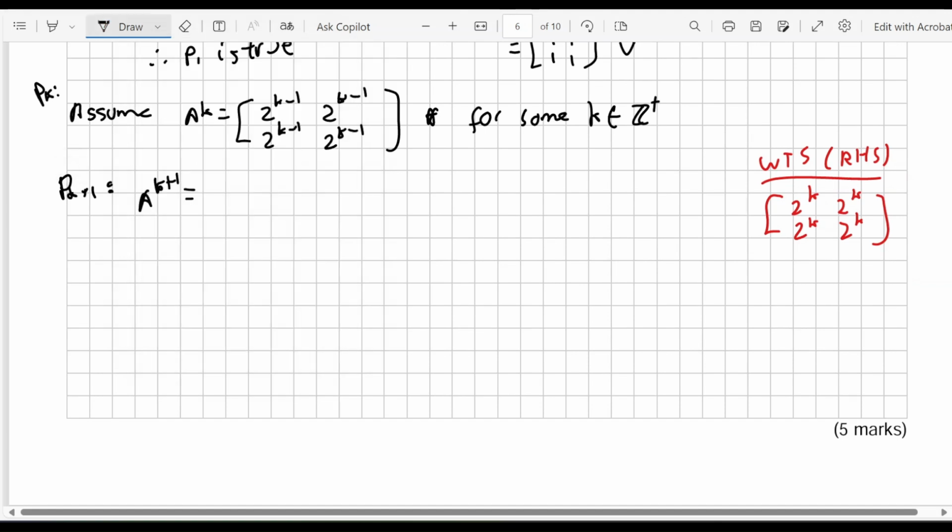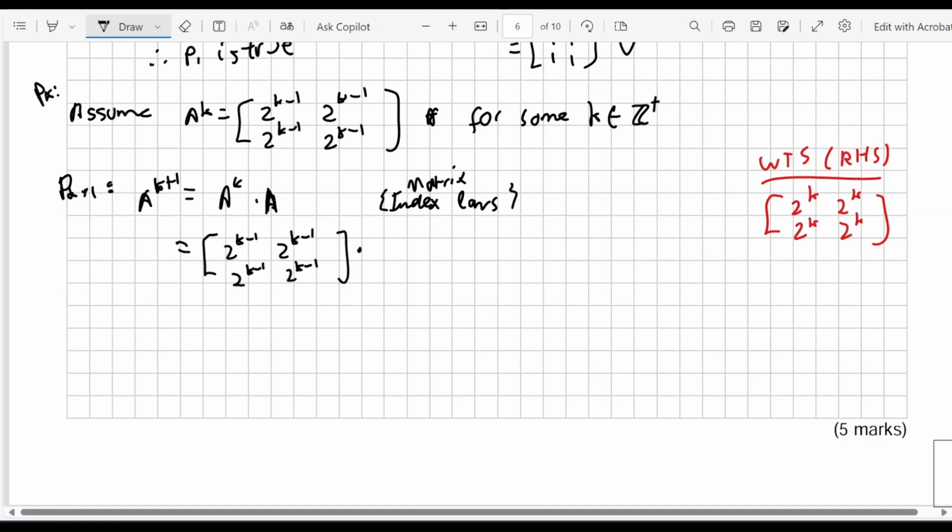A to the k plus 1, we split into A to the k times A. This is almost like index laws, or like it's a matrix index laws essentially. So this is star, so 2 to the k take 1 in all spots, times 1, 1, 1, 1, using star.